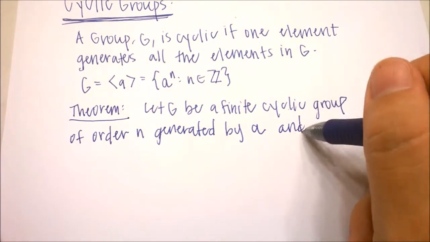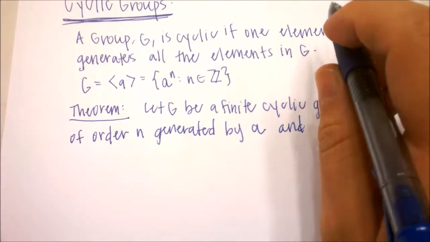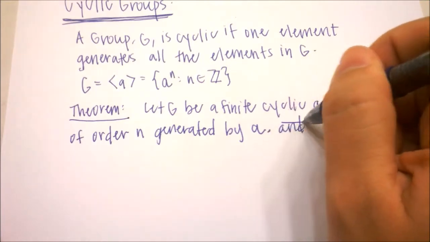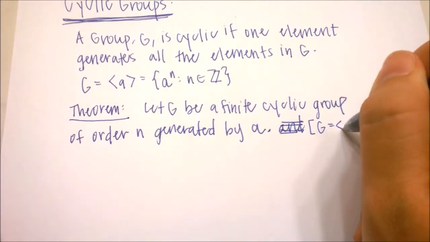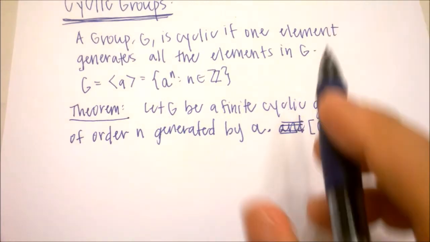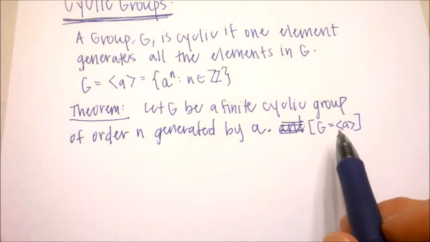So G, this is what we've been given so far, basically. G is generated by a.